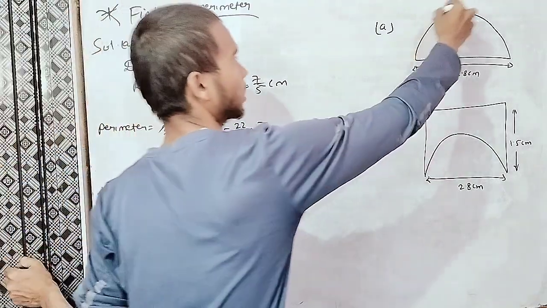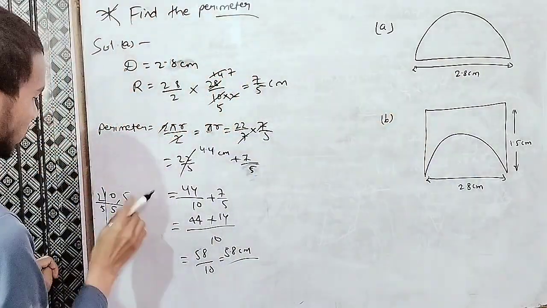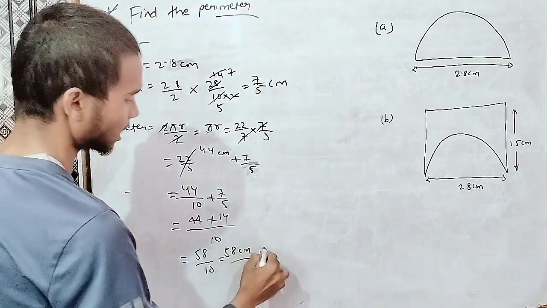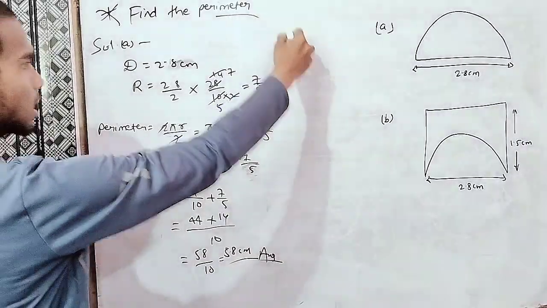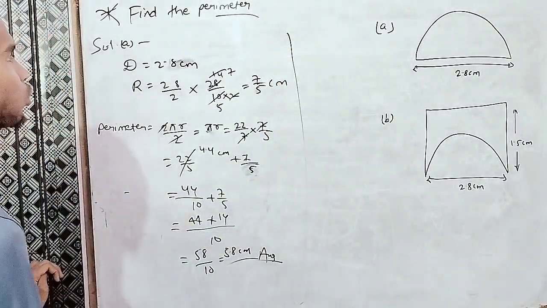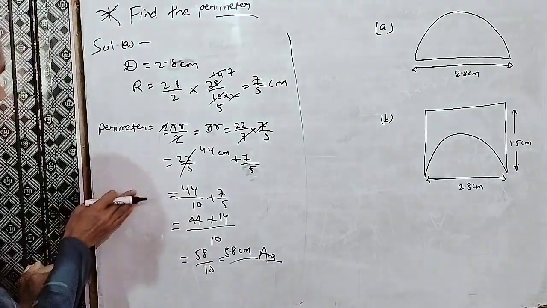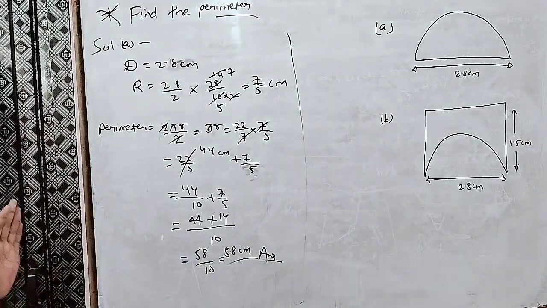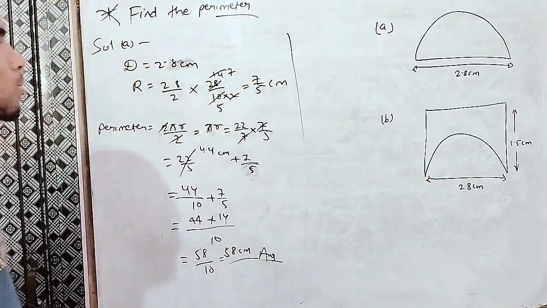Total length of this curve and this diameter is 5.8 centimeter. This is the exact answer. This is how we can find the perimeter of a semicircle if the diameter is 2.8 centimeter. Clear?